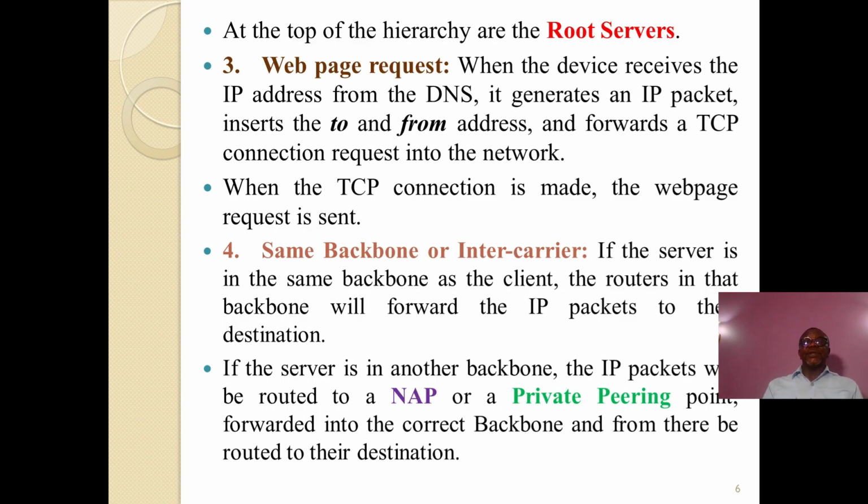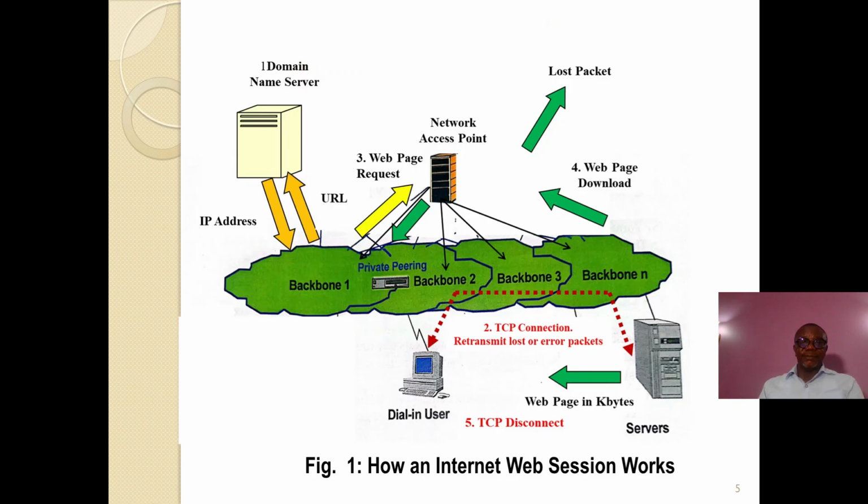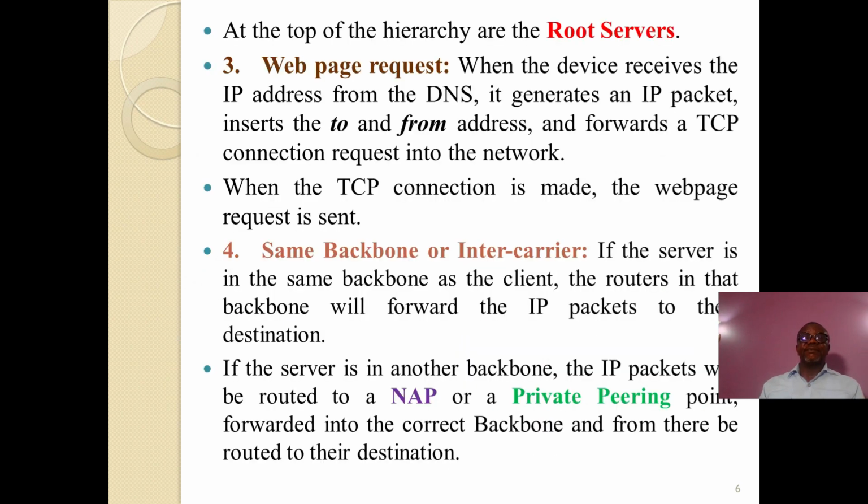When the TCP connection is made, then the web page request is sent. That is what we have as the yellow arrow there. The web page request is made either through the network access point or through the private peering.